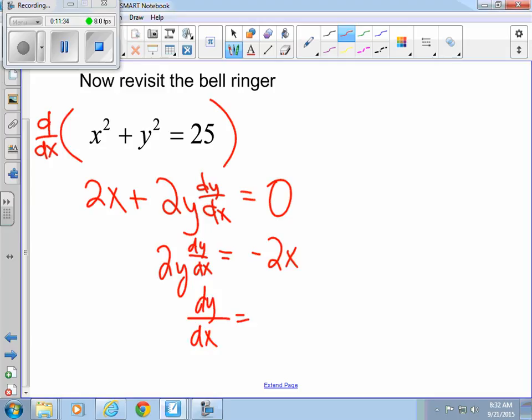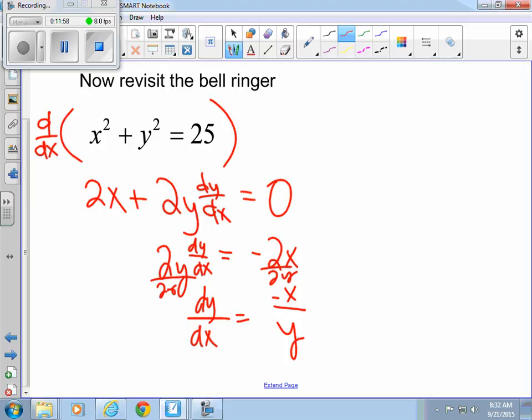Divide by 2y on both sides, I get negative x over y. Does everyone agree? Just getting it. Divide by 2y. I would argue I found the exact same thing I found in the bell ringer.